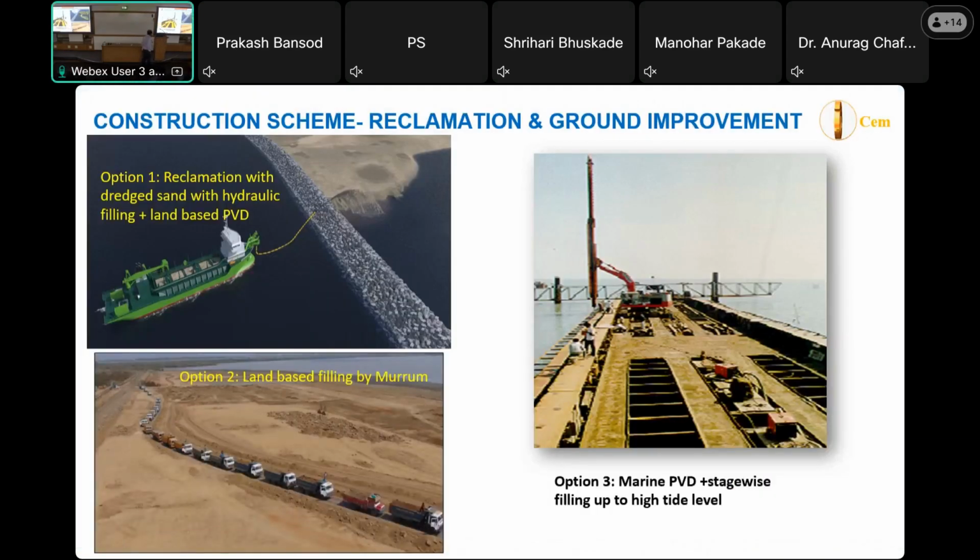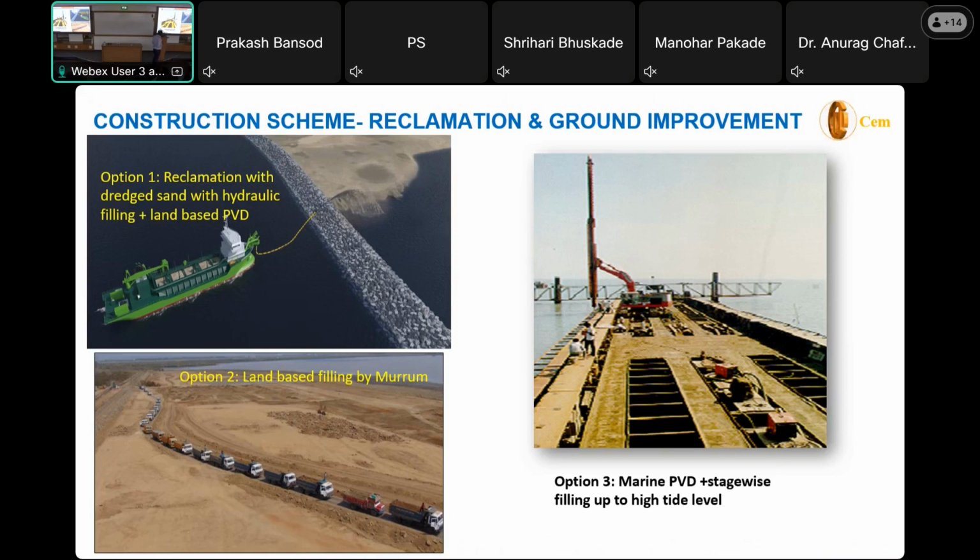This is a very important point when you do large reclamation, because PVD is one part and the reclamation is another part. In this particular project we handled around 1.2 crore cubic meters of material. It is massive. So we needed a lot of thinking about how we would put it in.